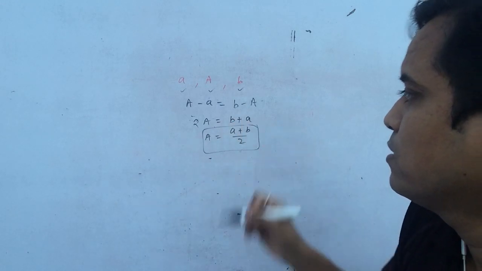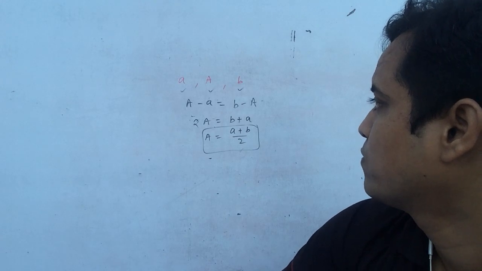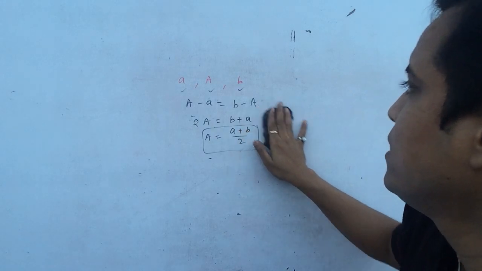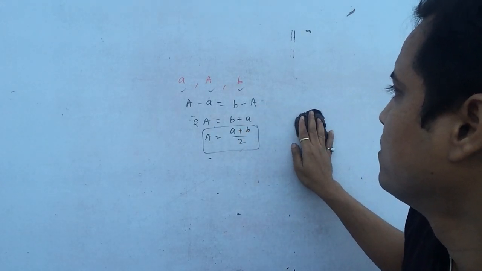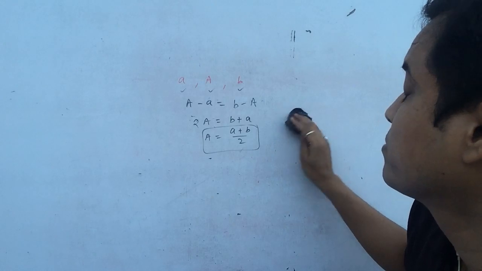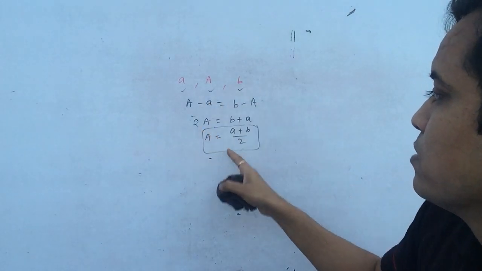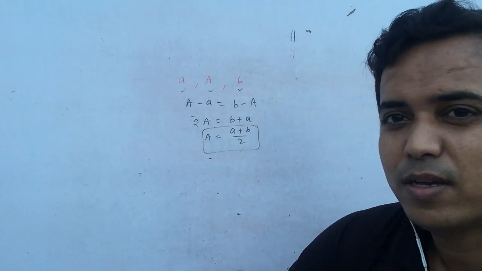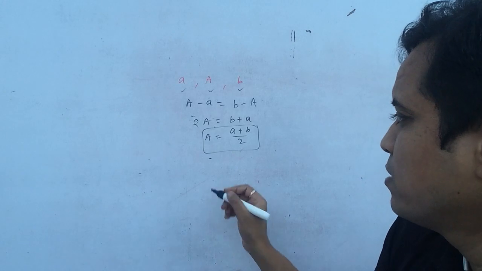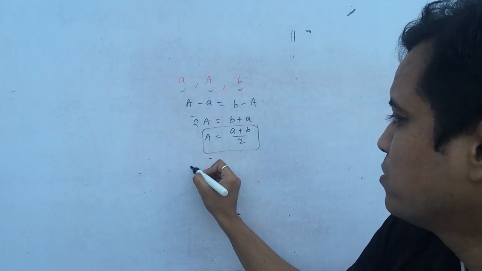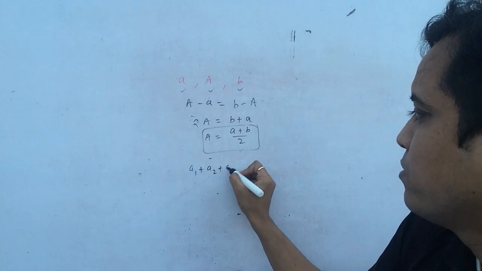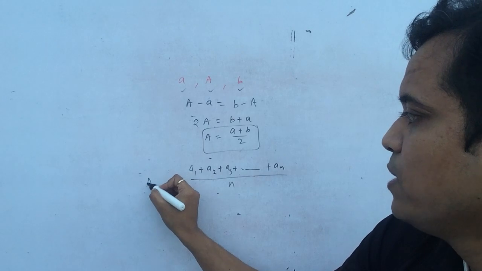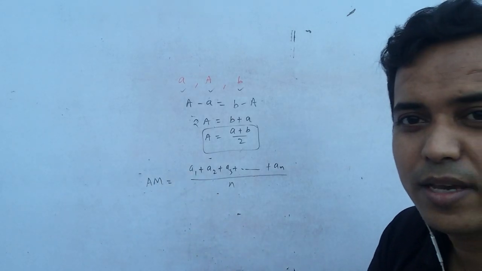This is what? This is the arithmetic mean of two numbers. Either you can place many numbers, many arithmetic means in between. Yeah, arithmetic mean of two numbers is this. Or if you find the arithmetic mean of n natural numbers or n numbers, so here we have a1 plus a2 plus a3 up to an upon n is arithmetic mean of n numbers, okay.